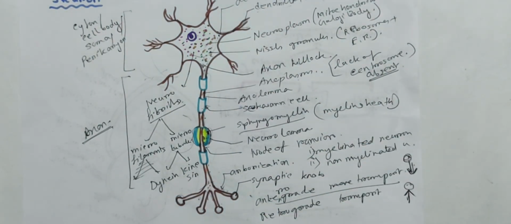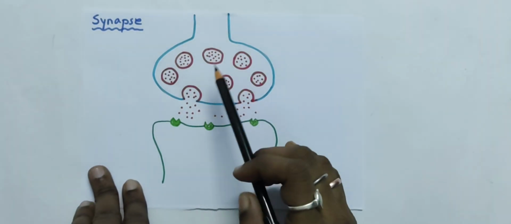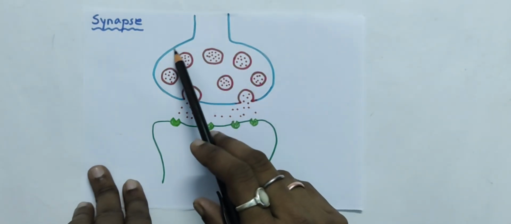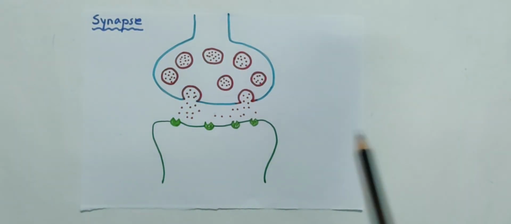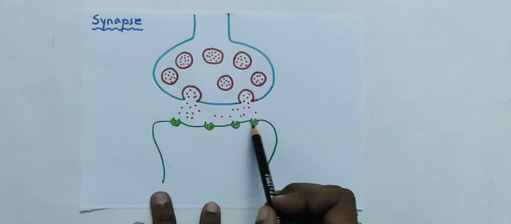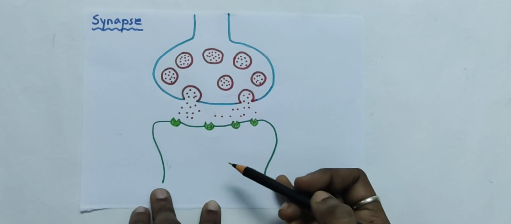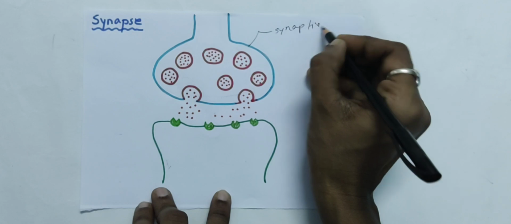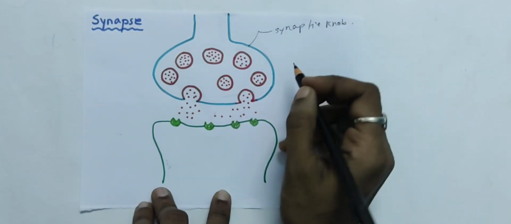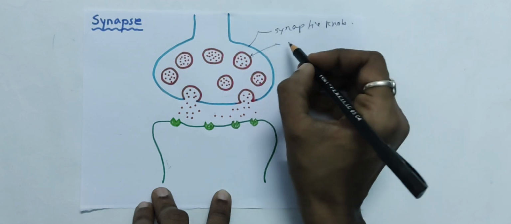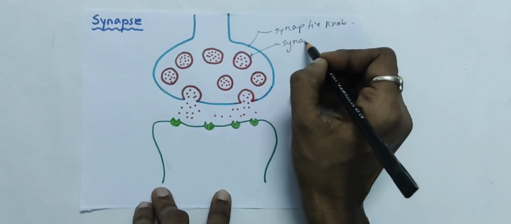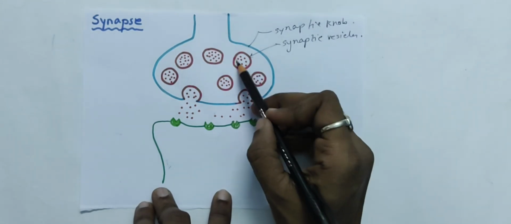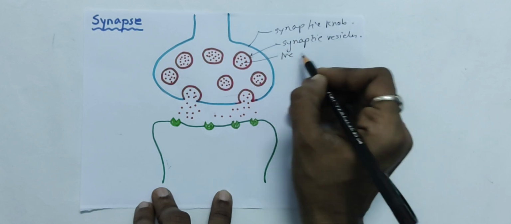Now come to the synapse. What is a synapse? The junction between two neurons. This is the synaptic knob, and this is the surface of the dendrite of the next neuron. Within the synaptic knob there are synaptic vesicles, and within the synaptic vesicles there are neurotransmitters.